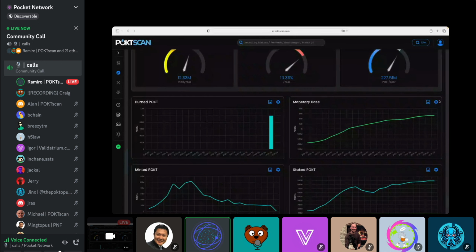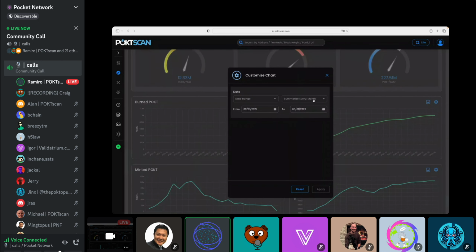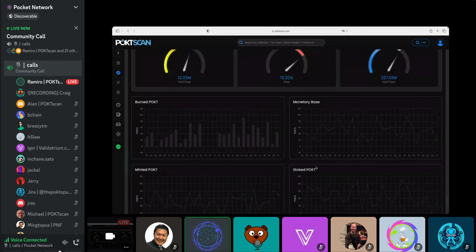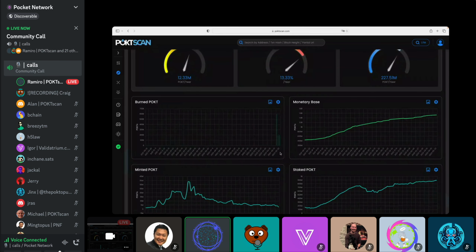And also we can change the summarize every month, and we want to punish PoktScan, so we do it now. Let's do it by week, so it will be better. But there we go. We can see from September 2021 up to today how the monetary base changed, for example. And we see that we have the starting period of Pocket, then we have the massive growth in 2022.